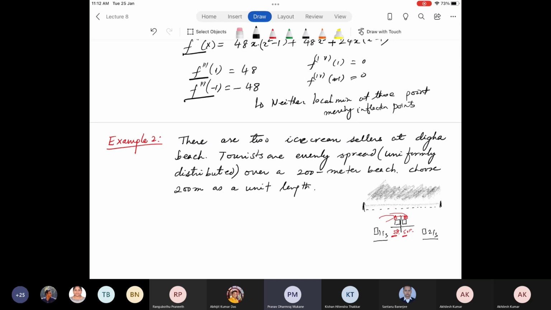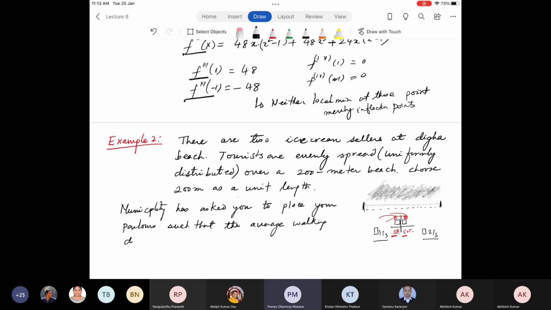But suppose the municipality has asked you, or the ice cream parlor boys, to place your parlors such that the average walking distance for a customer is minimum.